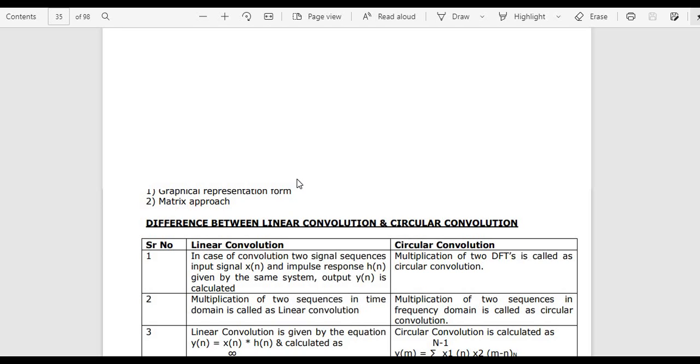What about circular convolution? Circular convolution is nothing but the multiplication of two DFTs. Whenever we find the DFT of the two sequences and multiply them, then we can find the circular convolution for the given sequences. Multiplication of two sequences in the time domain is called linear convolution.